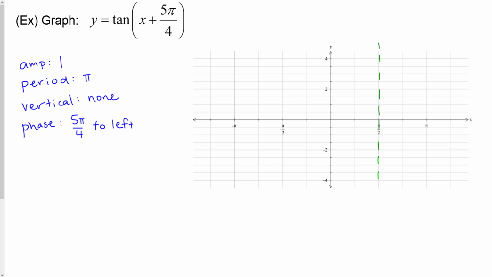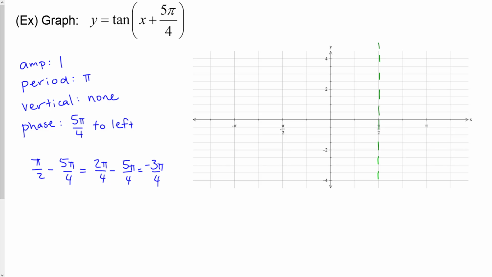In order to move that 5 pi over 4 units to the left, one thing I could do is just say, all right, well, pi over 2, if I want to move it 5 pi over 4 to the left, what do I get if I subtract that? So this would be 2 pi over 4 minus 5 pi over 4, which is negative 3 pi over 4. So that means this asymptote is going to map to negative 3 pi over 4.